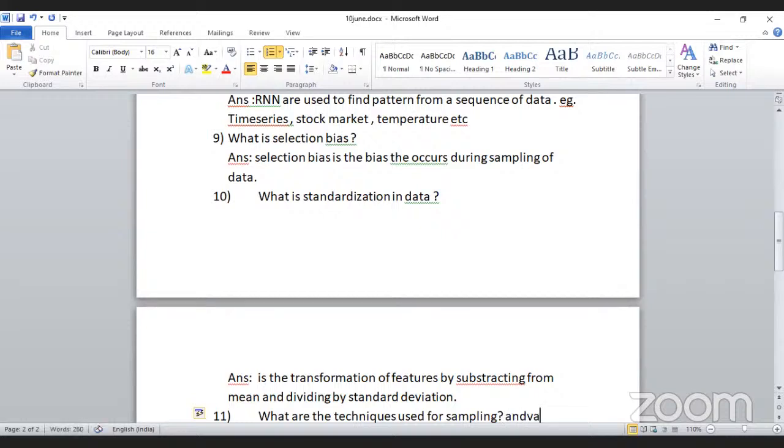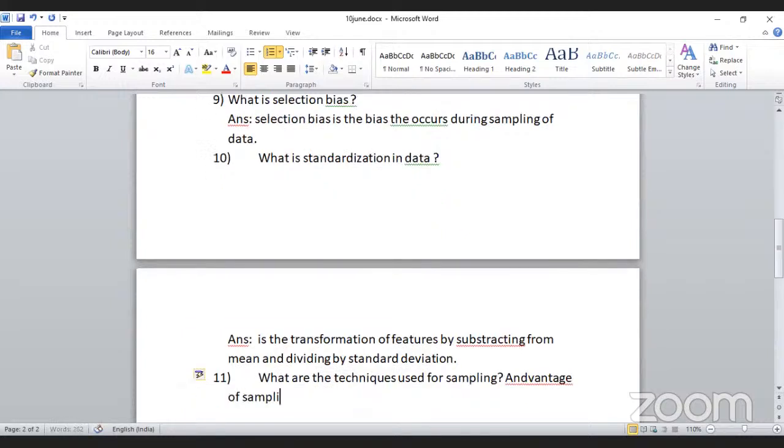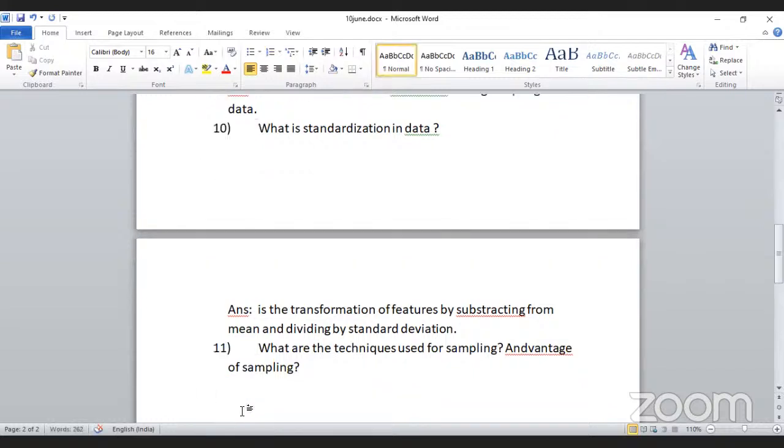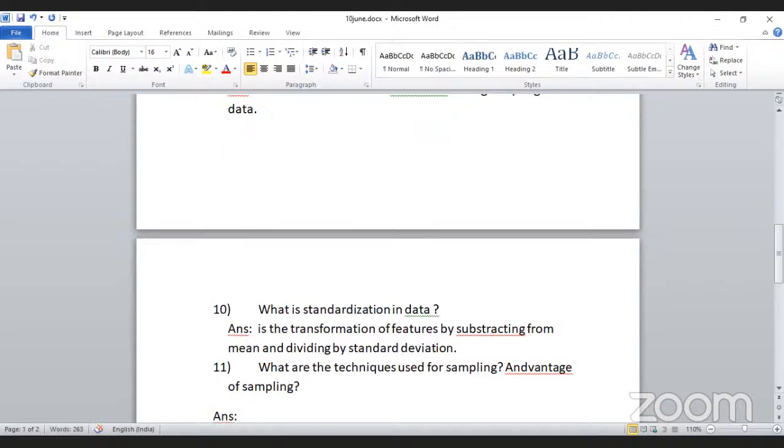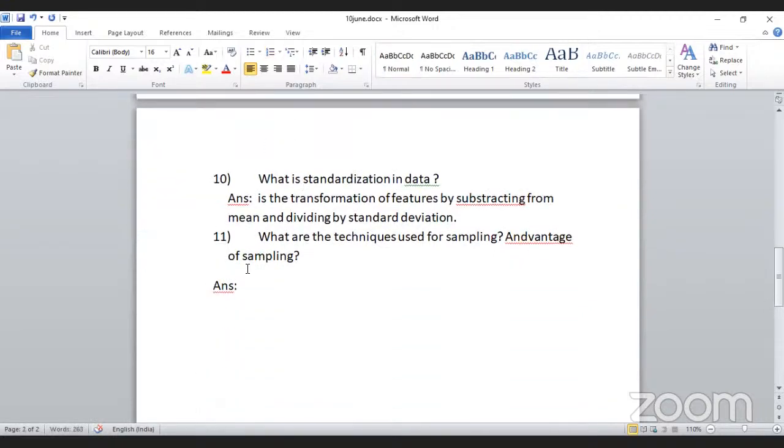And what is the advantage of sampling? What are the techniques used for sampling and the advantages of sampling?